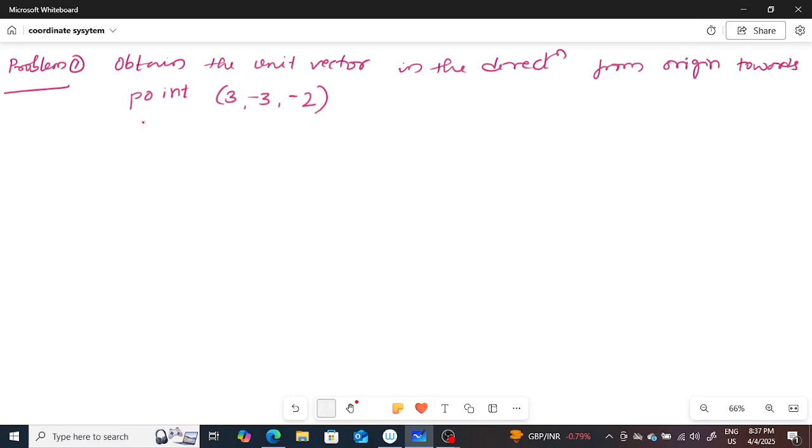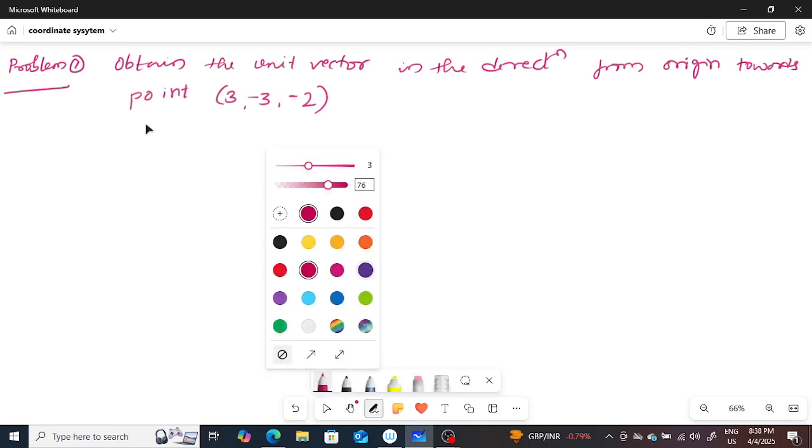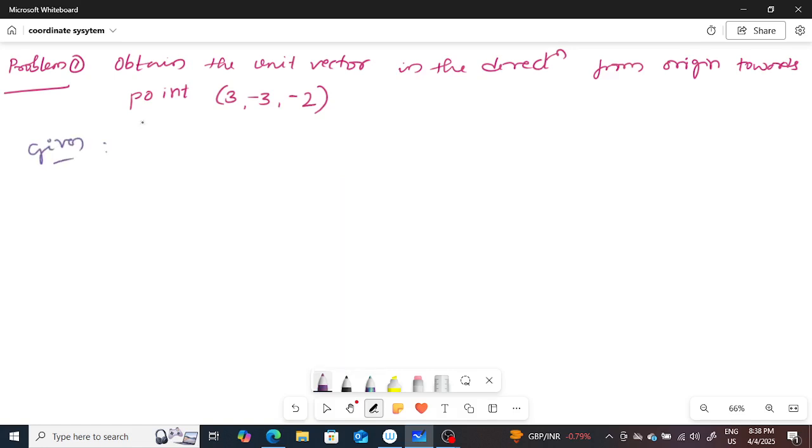See, what are the points given? Let me write down the given details first. Point P is located at 3, minus 3, minus 2.